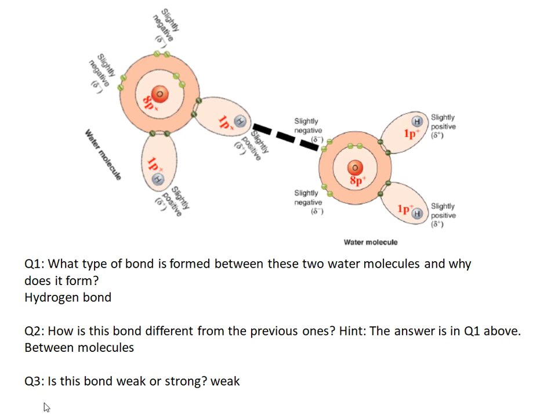Question 3 was, is this bond weak or is it strong? Well, note that this bond results from an attraction between the slightly positive end of one water molecule and the slightly negative end of another water molecule. So it's going to be relatively weak.